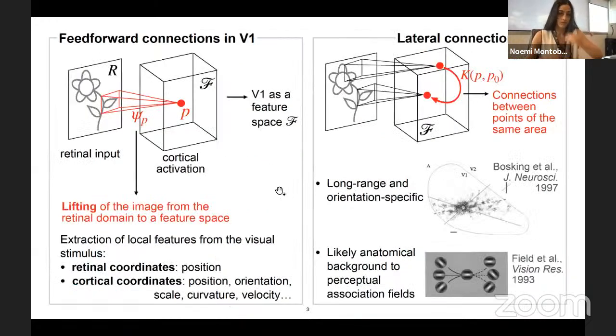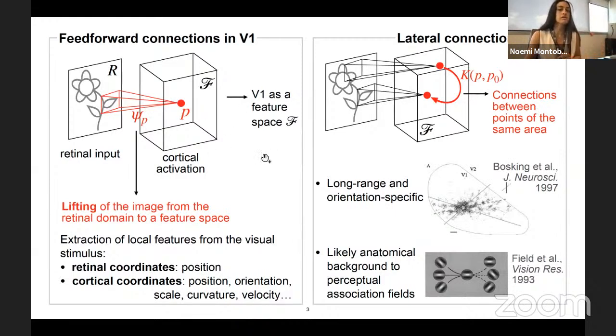First I want to set a few notations. When I talk about feed-forward connections entering V1, I'm referring to the transformation of a retinal image to the corresponding cortical activation. An image on the retina is lifted from the original spatial coordinates to a set of cortical coordinates that encode not only position, but possibly other features such as orientation, scale, and so on.